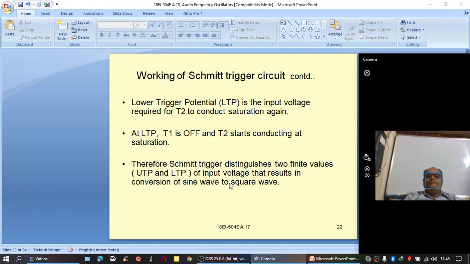Therefore, Schmitt trigger distinguishes two finite values of upper threshold potential and lower threshold potential of input voltage that results in conversion of sine wave into square wave.